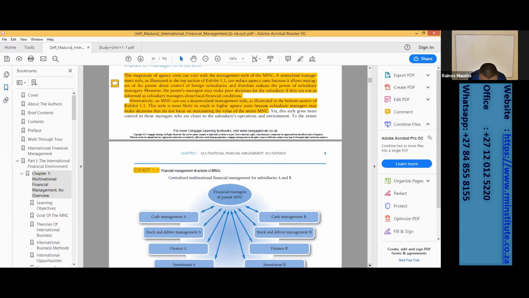However, the parent's managers may make poor decisions for the subsidiary if they are not as informed as subsidiary managers about local financial conditions.